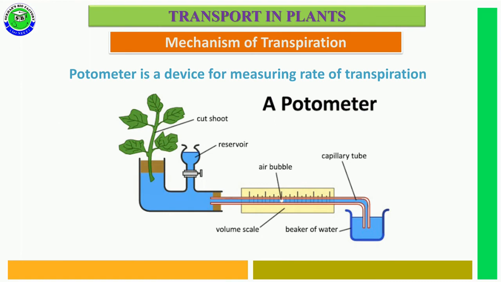The entire transpiration can be measured with the help of a device called potometer. This potometer helps to measure the rate of transpiration in a plant.